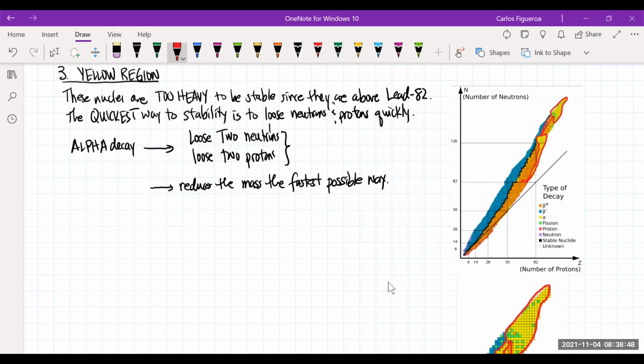And in this situation, the reason we're seeing what we're seeing is that these nuclei are too heavy to be stable. That's why it's in the yellow region here.